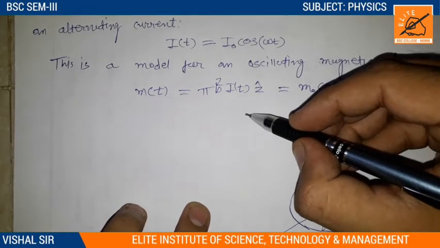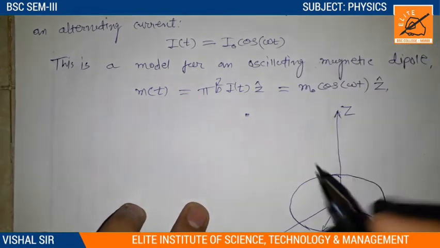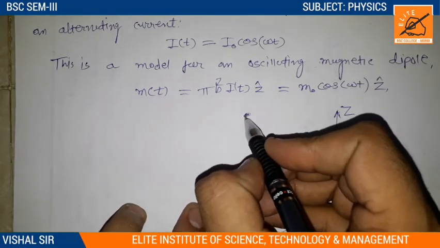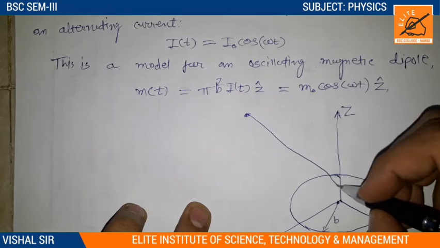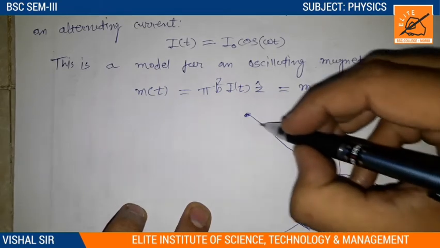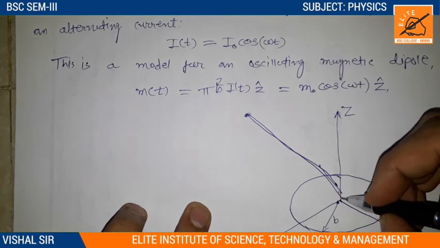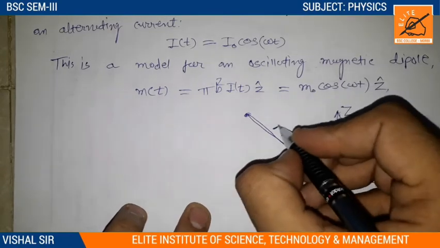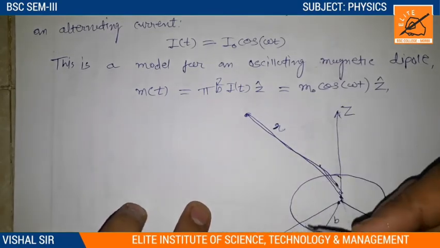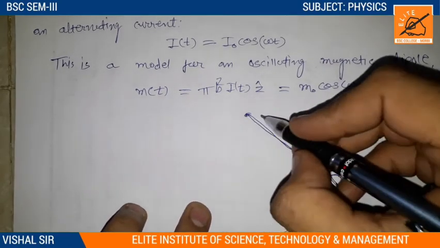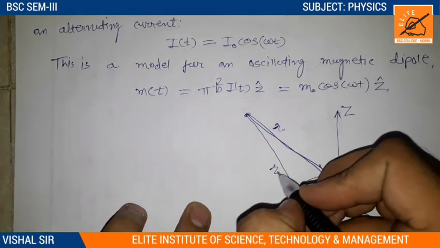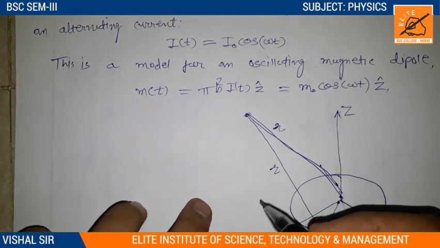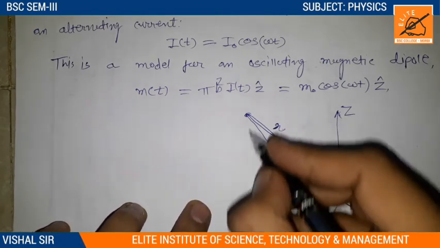Here we see this point, and the distance from the origin is small r, and this distance is also small r.